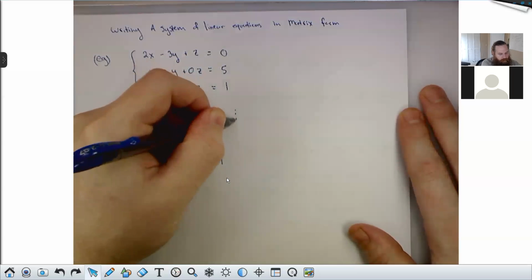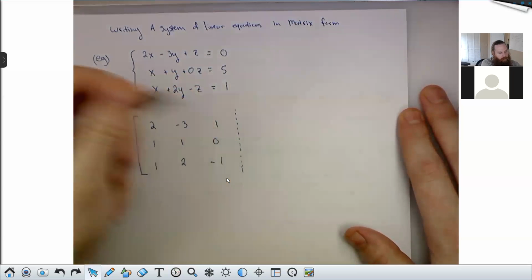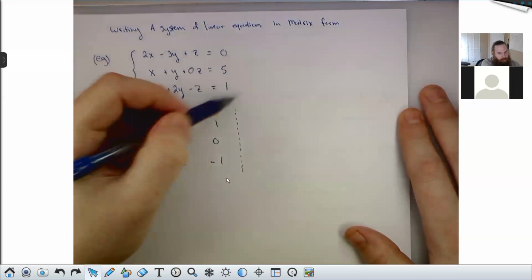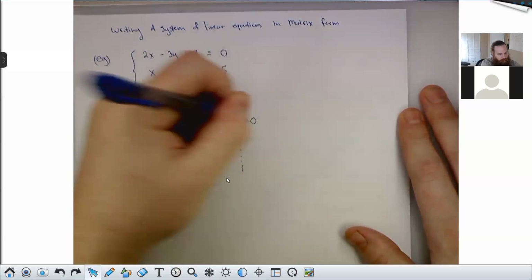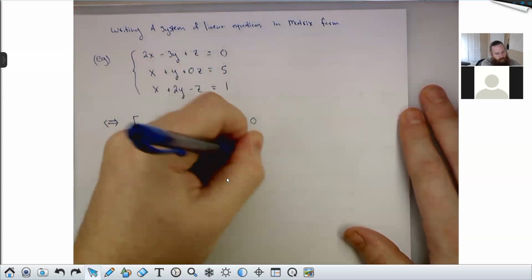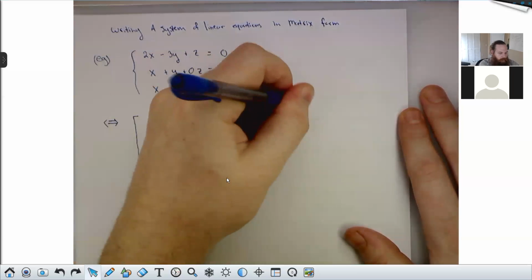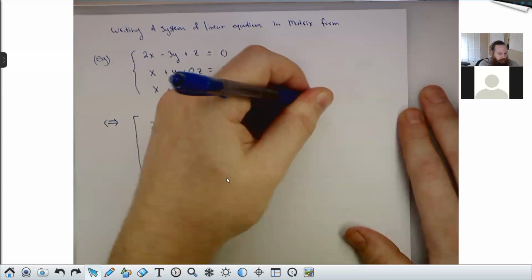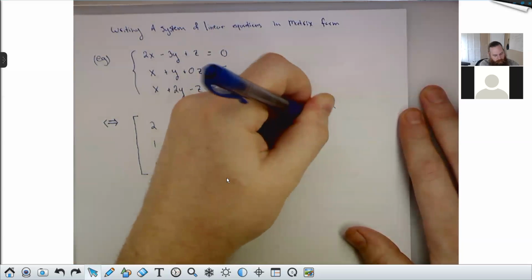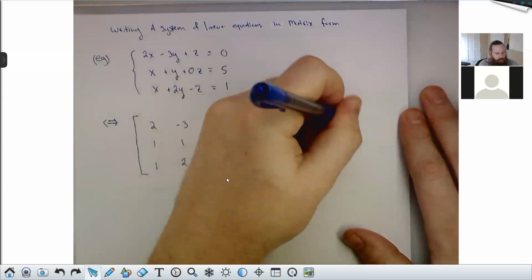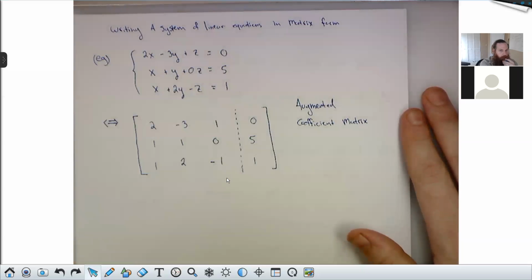Then you put a dotted line here. You can make it a solid line if you want. And you put these numbers on the right: 0, 5, and 1. This is called the augmented coefficient matrix for that system.